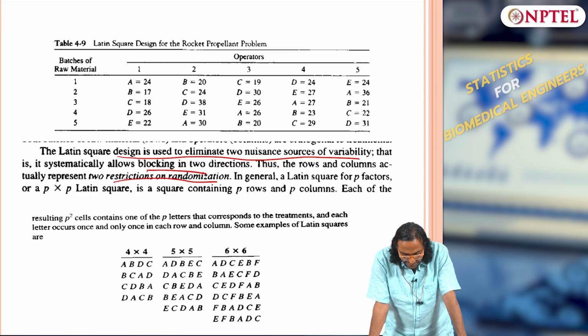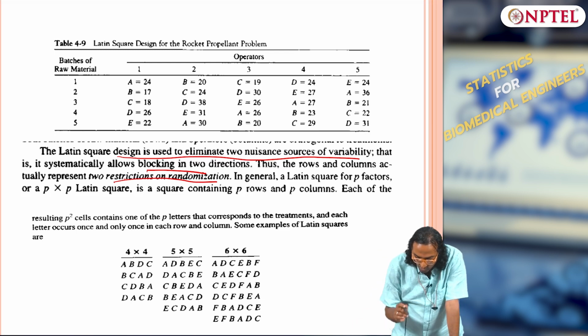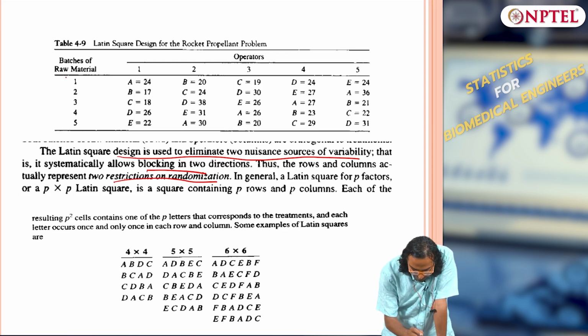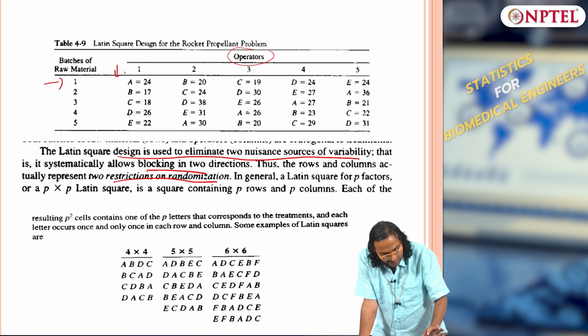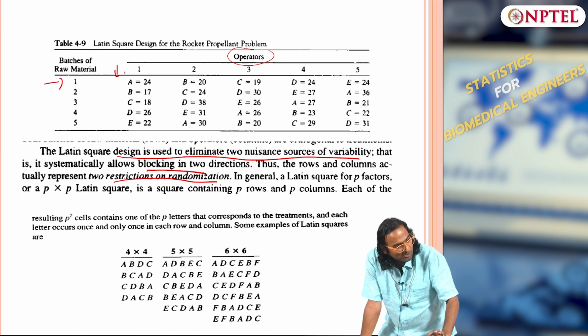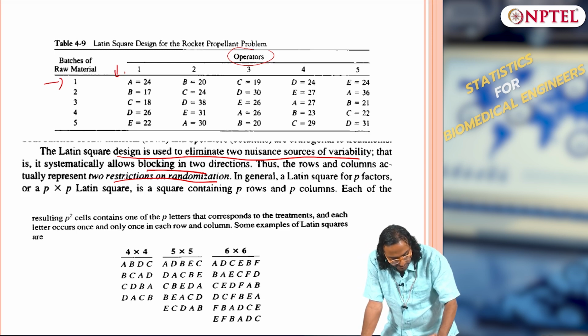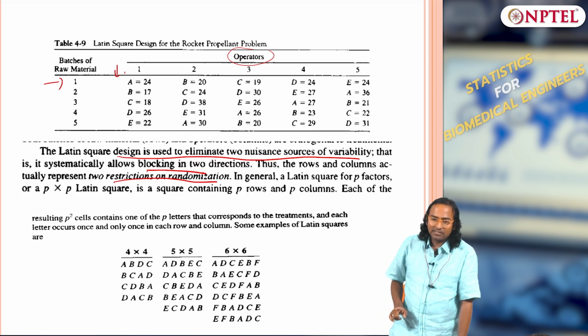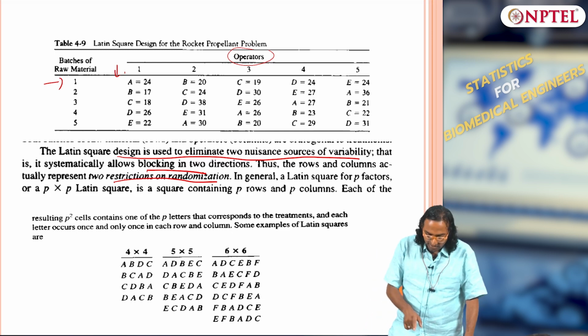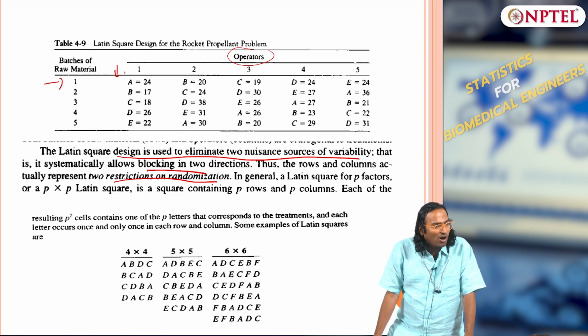We have 3 factors now, okay. So we have rows, columns and one more factor on top of it. You look at this batch of raw materials, there are 5 batches, 1, 2, 3, 4, 5, and there are 5 operators.